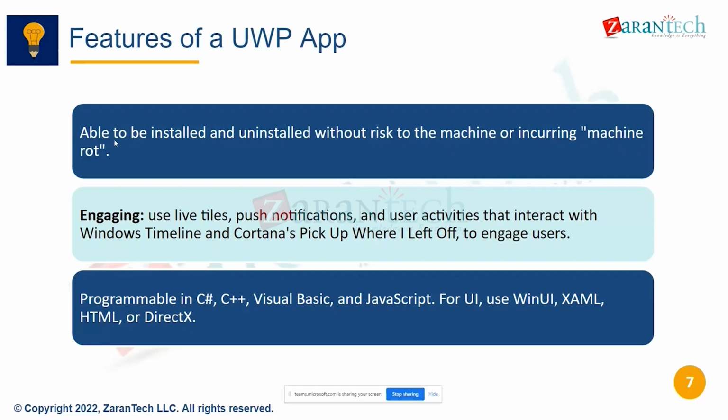Other features: able to install and uninstall without risking the machine and incorrect machine rot. So basically this is the other most usable benefit of UWP. I will let you know one thing here: UWP is a sandbox.